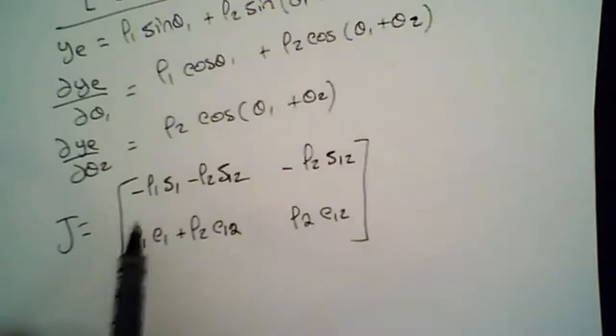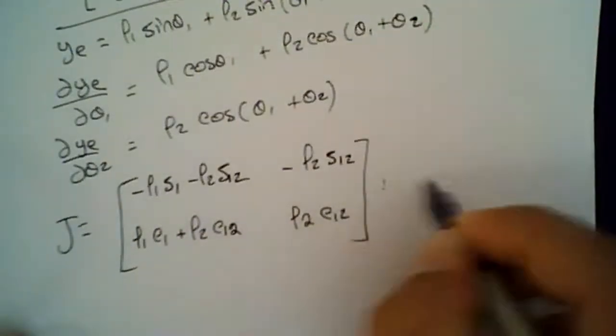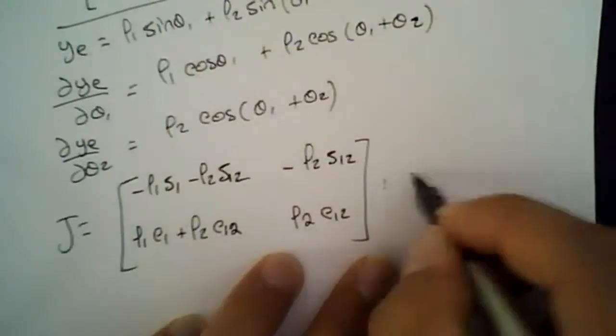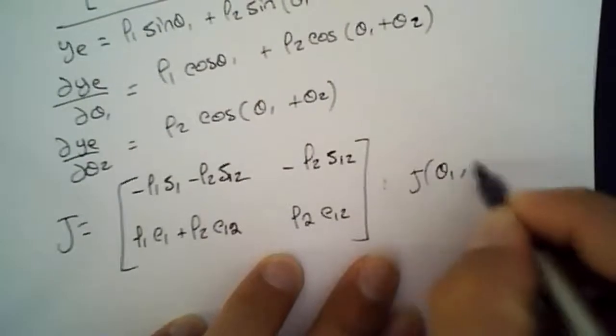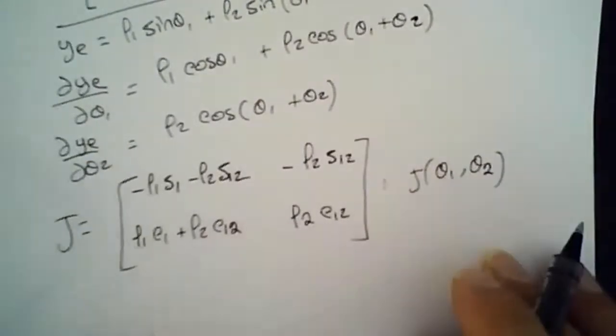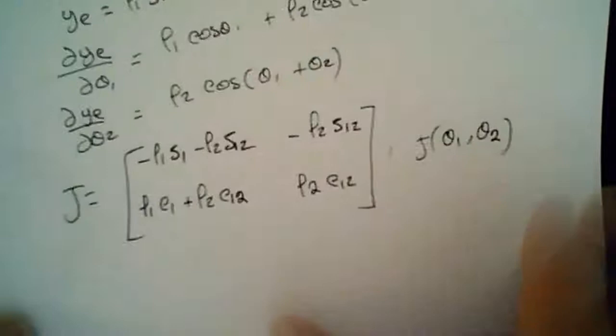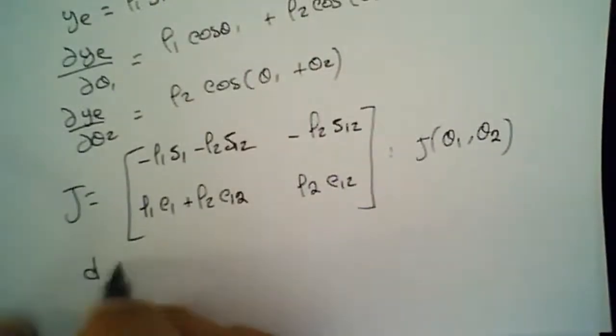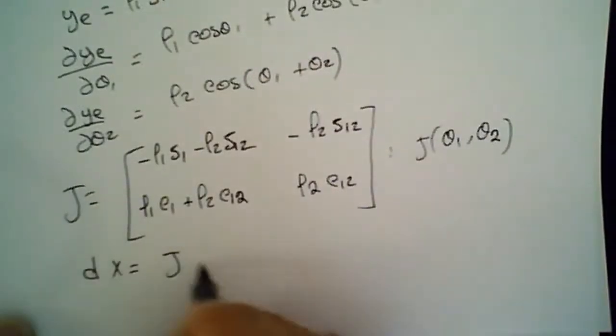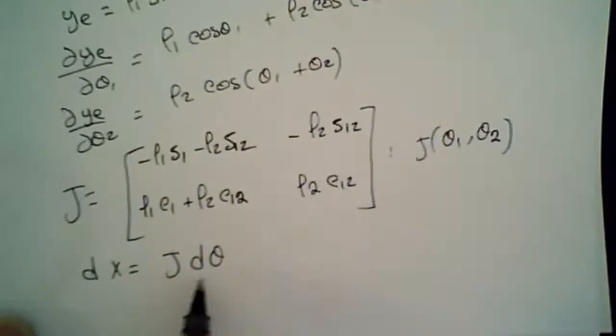This is a Jacobian, and the Jacobian J is a function of theta 1 and theta 2. It's not a function of xe or ye. So back to my relationship, I know that dx is equal to J d theta.